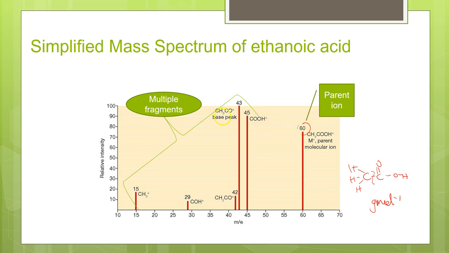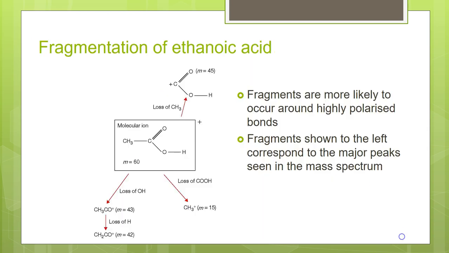We can also see a peak at 43, which is our most common fragment, which is the CH3CO, which is actually the breaking through between the C double bond O and the OH, and also a CH3 fragment and a COH fragment, and then a CH2CO fragment here as well. Primarily, the parent ion in this one and the 45 would be the most diagnostic peaks because they inform us more about the structure of the molecule.